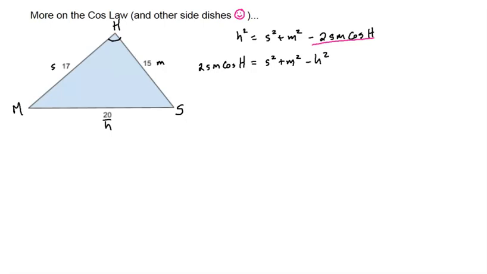Now this is s times m, and so that would be divided on both sides if I wanted to get it out of there. And whatever you do to one side, you have to do to the other side. And that's going to give me cos H is equal to s squared plus m squared minus h squared all over 2sm.